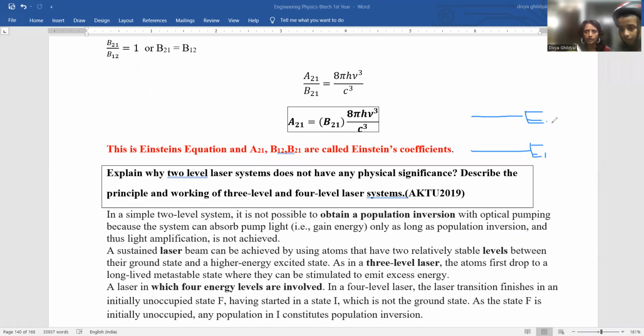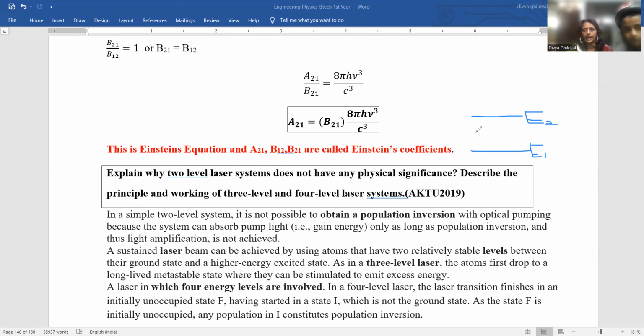So the more the energy levels, the better the laser, because then the metastable state and the energy that is falling down, they get a choice to pick up the ground state. The less the number of energy levels, the poor functioning of that laser. And always remember that we need a metastable state for laser action.